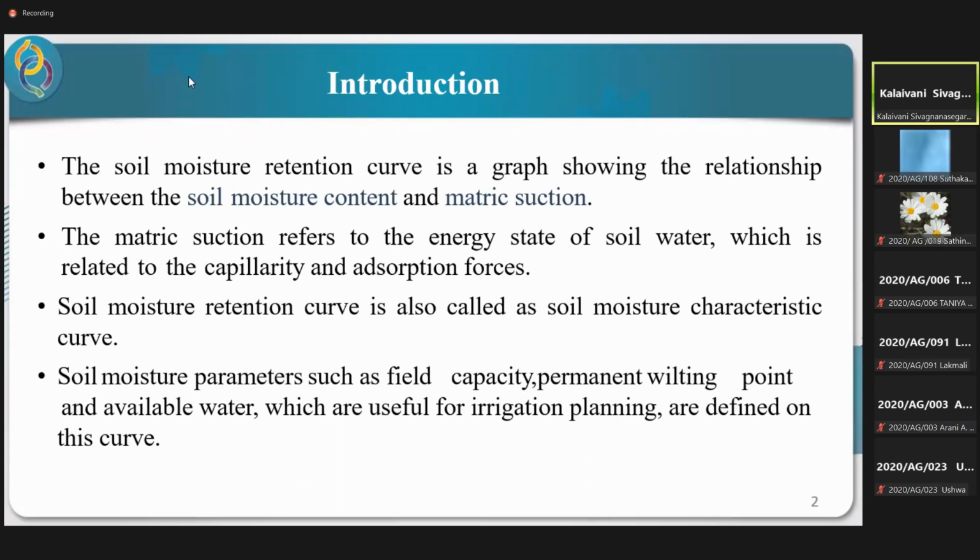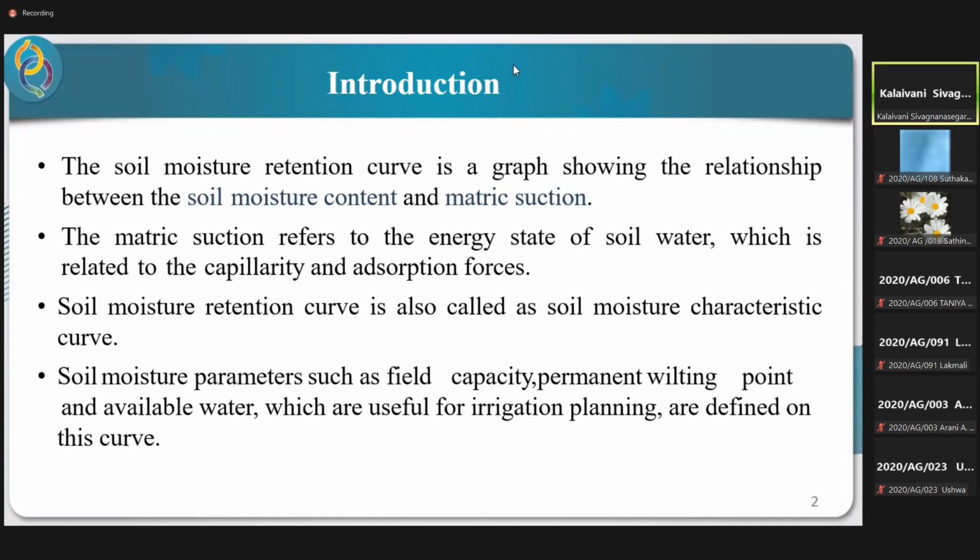So what do you mean by saturation? All pores are filled with water. Okay, that means all the macro and micro pores are filled with water. So at that time we can call the soil as being in saturation.